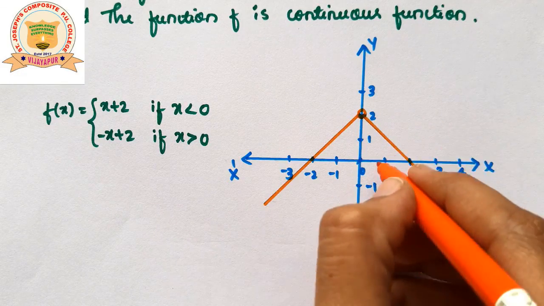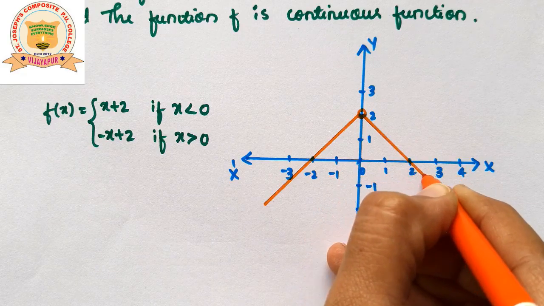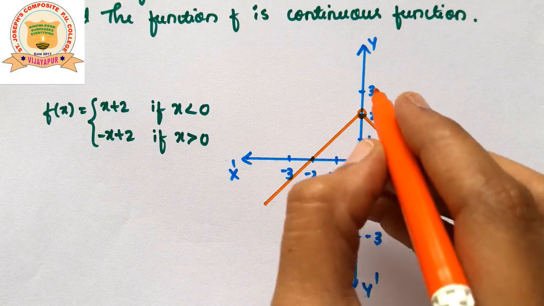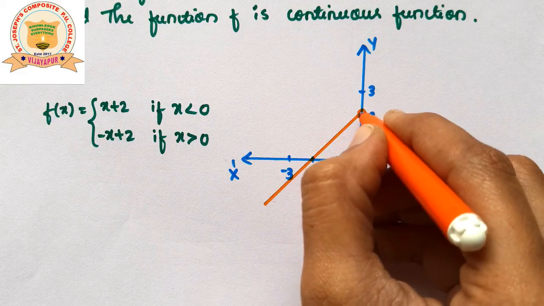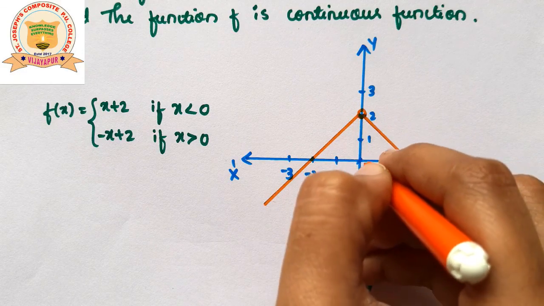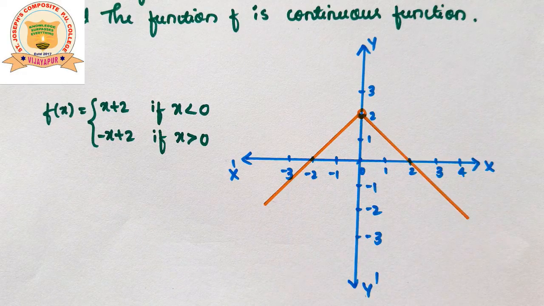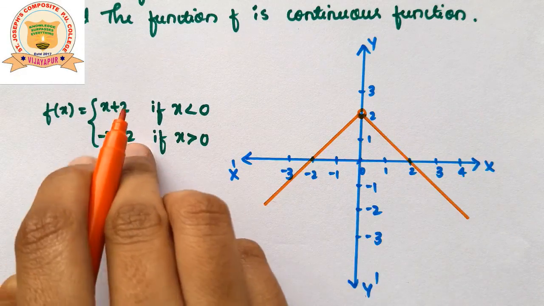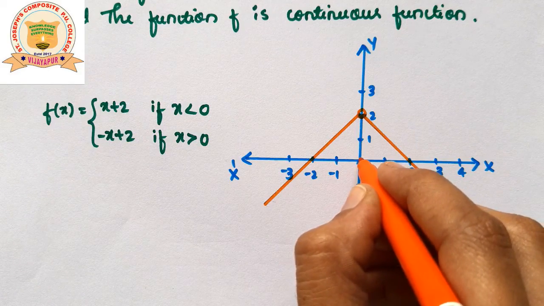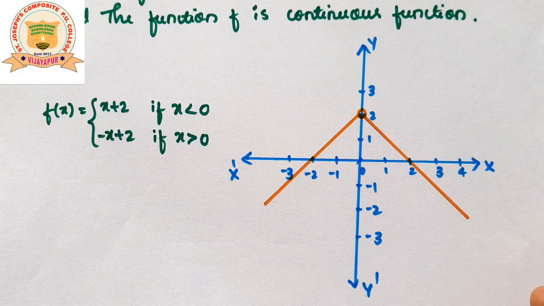Again, for all these values, we can draw the graph without lifting the hand. And at x equal to 0, the function is not defined, so we make a hollow hole here. Therefore, no need to check the continuity of this function at x equal to 0. Okay? And for all other points, the function is continuous. Therefore, the function is said to be a continuous function.